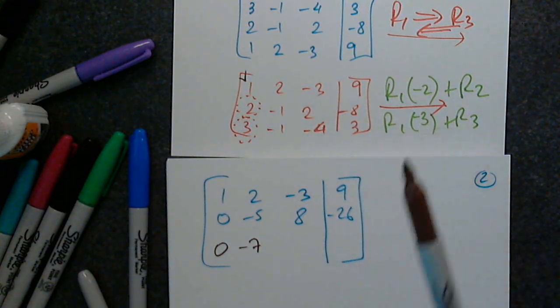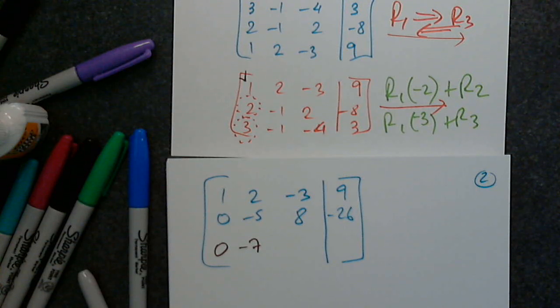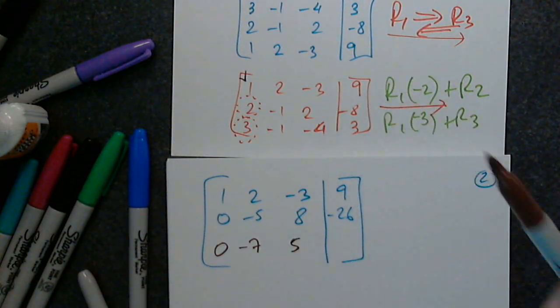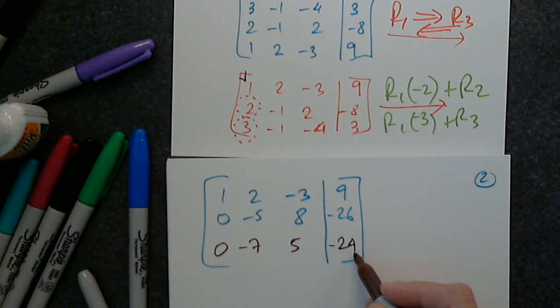So negative 3 times negative 3. 9 minus 4. 9 times negative 3. Negative 27 plus 3. Yep. Awful. I have no choice.